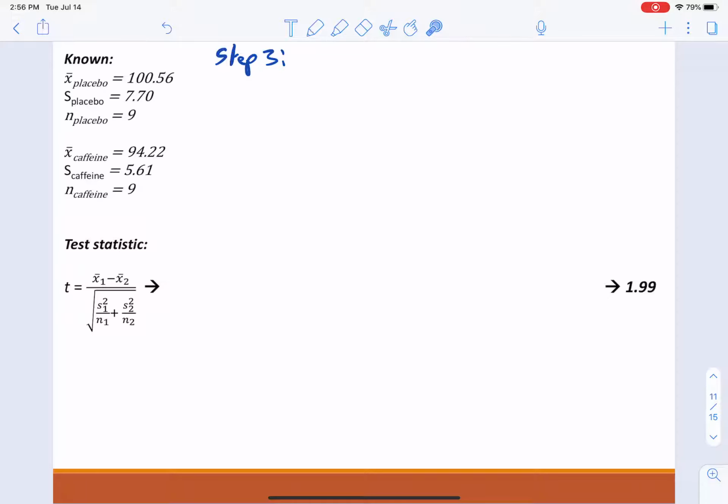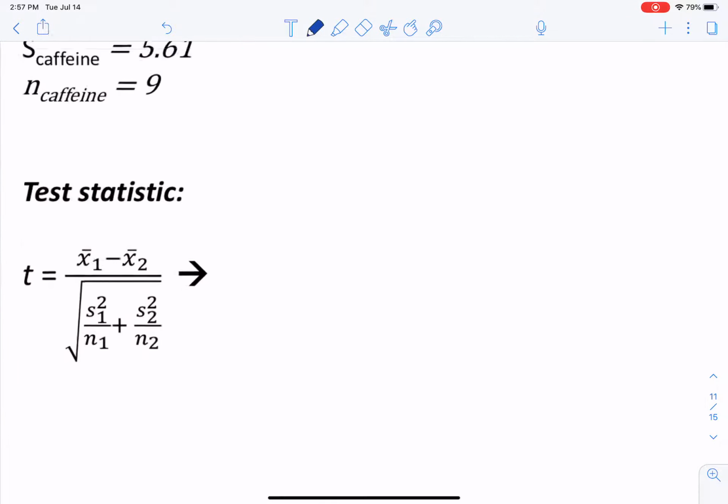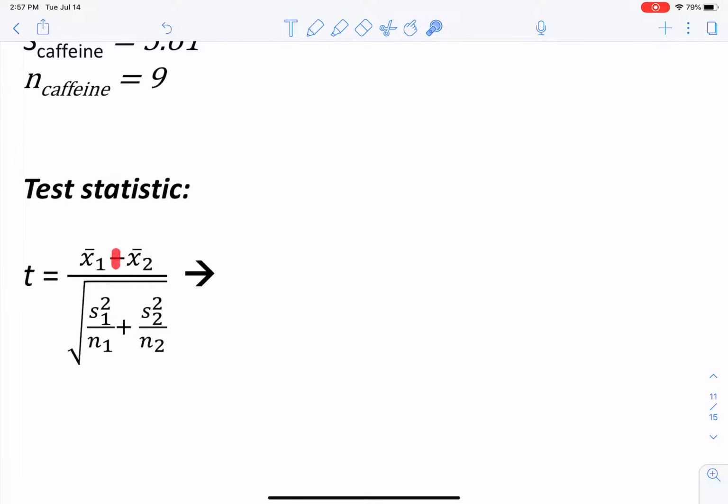You just have to make sure you stay consistent with your order of things. So x1 has to be x1, and the order here sort of matters, ish. It's just good to keep everything lined up like that.